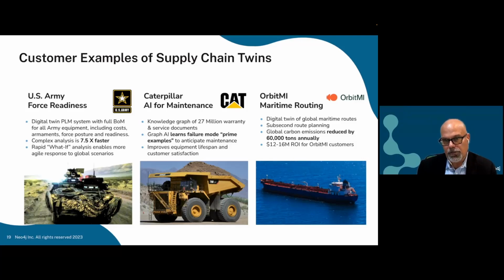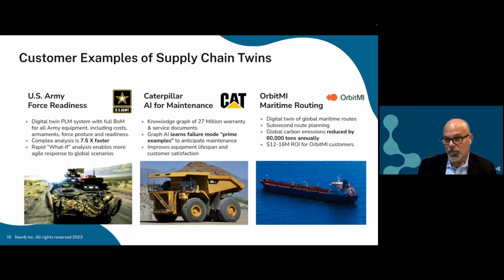Caterpillar uses Neo4j to do root cause analysis around all of its heavy equipment. They are combining NLP with graph to understand major failure modes and anticipate maintenance they'll need to perform, depending on how that individual asset has been deployed and maintained over time.